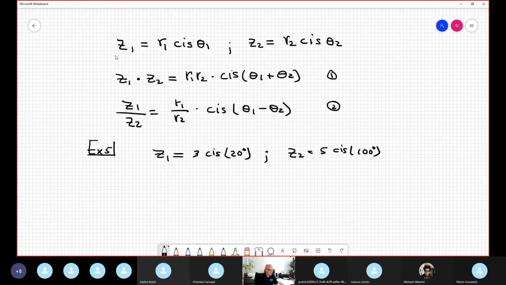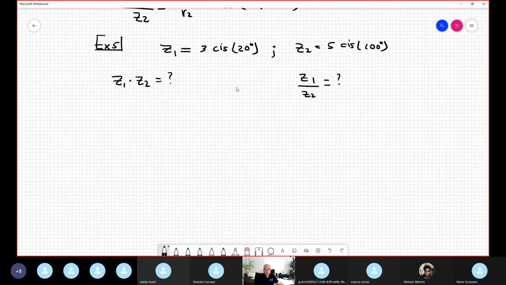Okay, I need to compute C1 times C2, and why not, C1 divided by C2, both. Okay, let's do it using the new formulas.